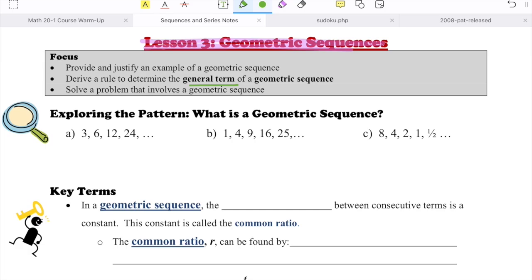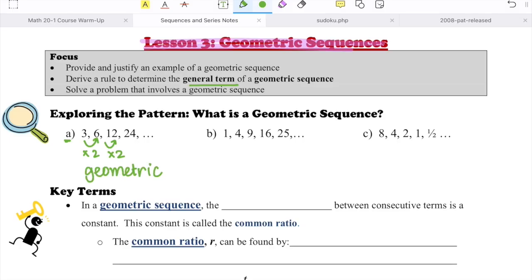So the first question that you see over here, what is the pattern that's being followed? It's getting multiplied by 2 every time, right? Because 2 times 3 is 6, 6 times 2 is 12, right? So when it's being multiplied by 2, that is an example of a geometric series.